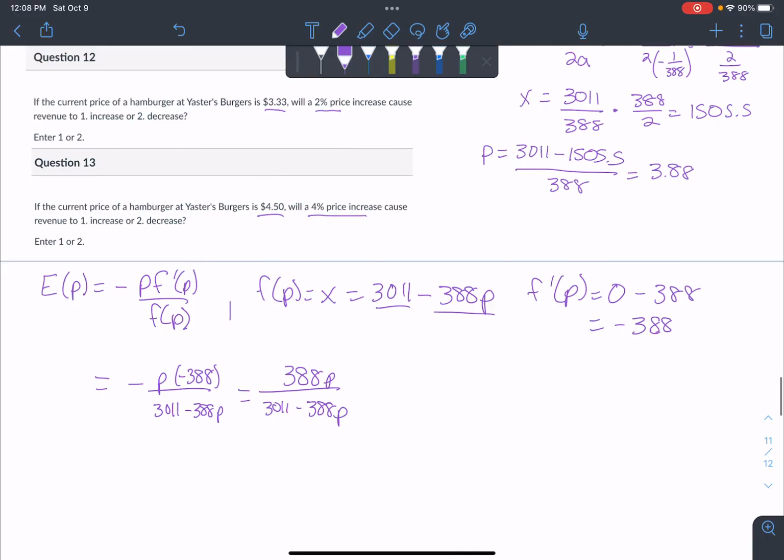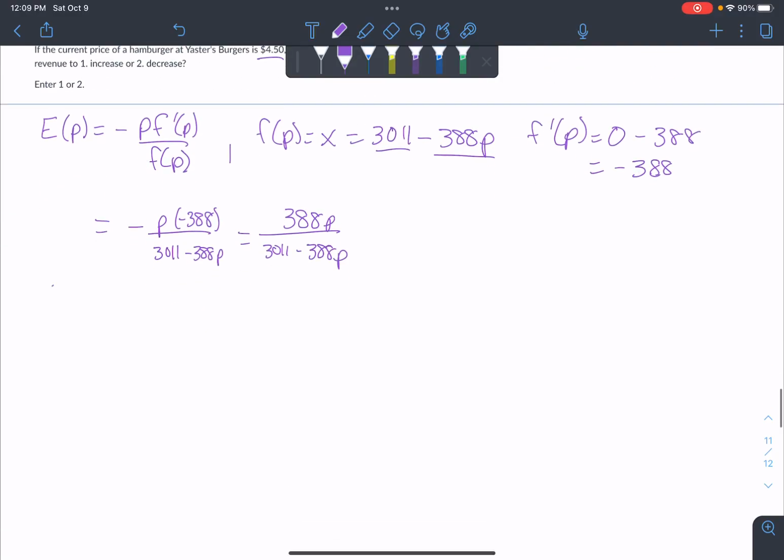All right, so the idea is that this is our elasticity function of demand, and when we plug in these prices, we can decide whether our demand is elastic, inelastic, or neither, unit elasticity. And then that will tell us how revenue is affected by an increase in price.